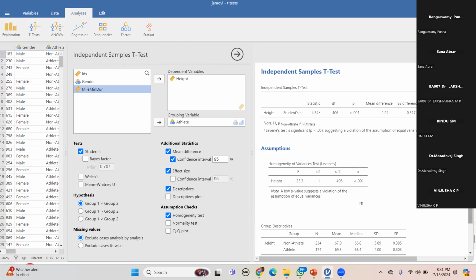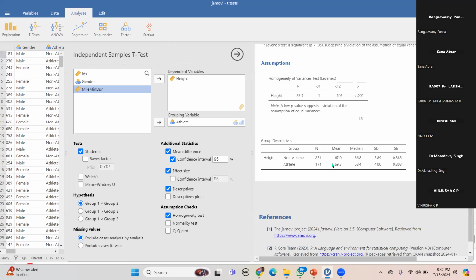Now I just want to know whether the difference I'm seeing is statistically significant, or whether these results happened by chance. Looking at the p-value, it is less than 0.05. It means there is a statistically significant difference between athlete and non-athlete categories when it comes to their height.